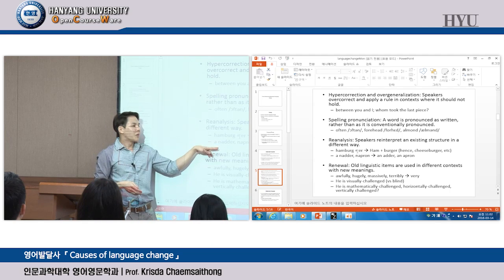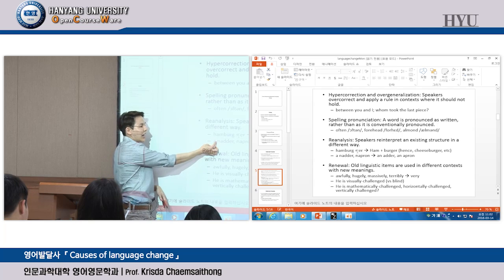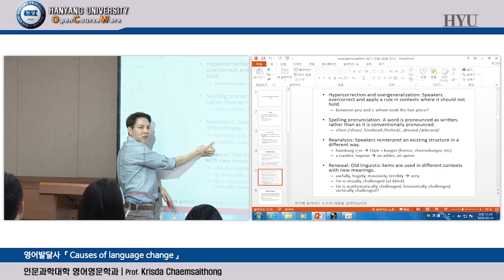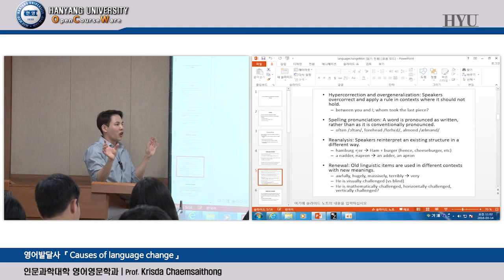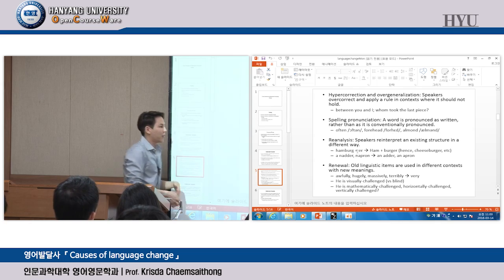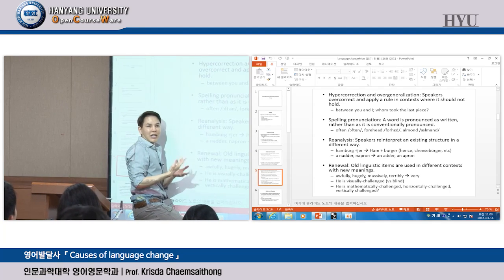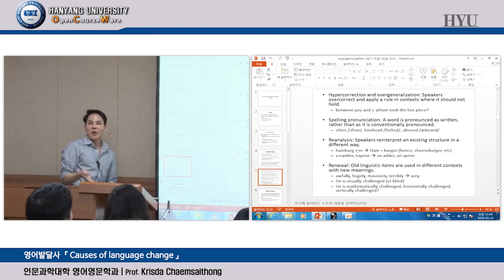The original word was nadder, so they reanalyzed, thinking that an is part of the article a. So they think that it's an plus adder, and an plus apron. So nowadays, what do we have? Adder as a noun and apron as a noun rather than nadder and napron.